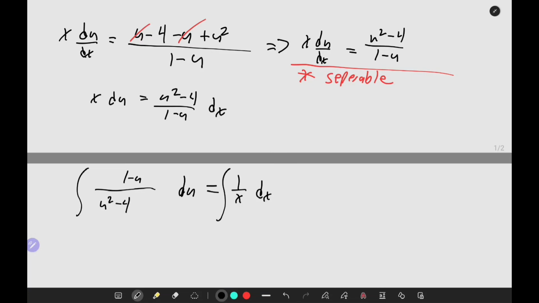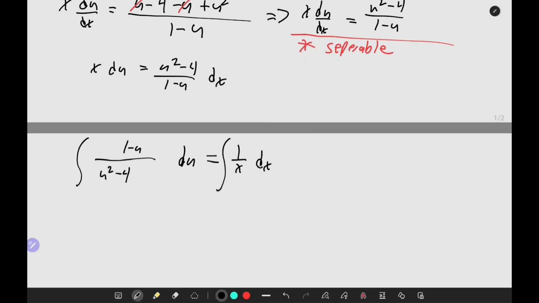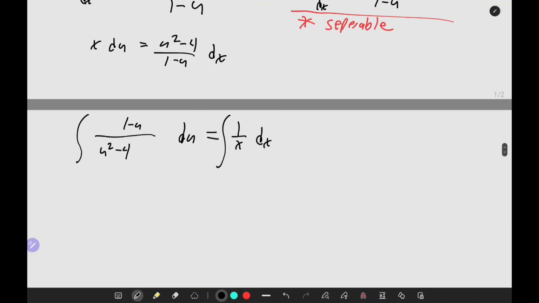Right? So, let's see. If I integrate this left side, we're left with, unfortunately it looks like we have to do partial fraction decomposition on the left side, right?